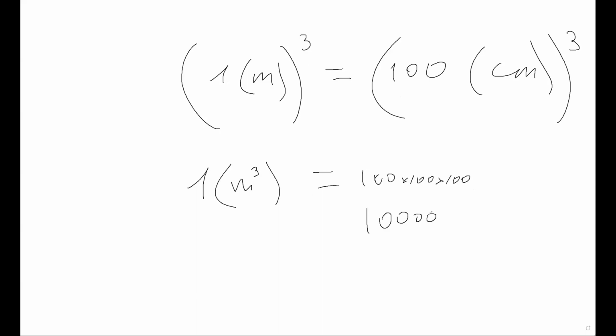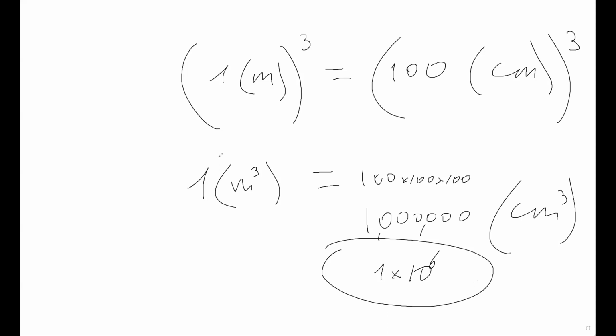In scientific notation, 10 to the power of 6. And centimeters go cubed. That's exactly what we want. So 1 meter cubed is 1,000,000 centimeters cubed. You have to cube the 100. That's how you get the 1,000,000.